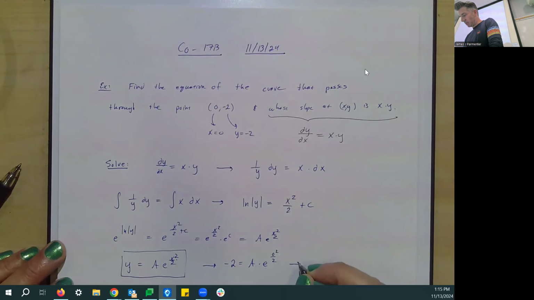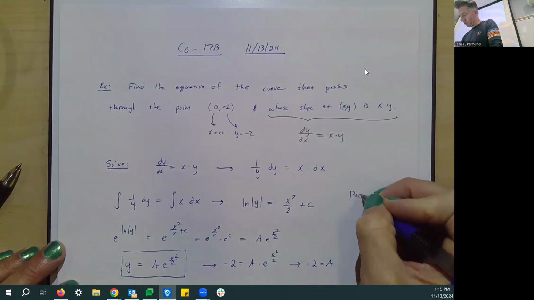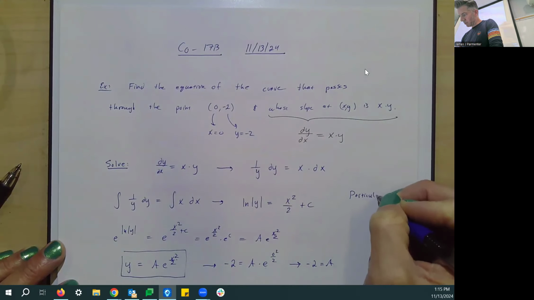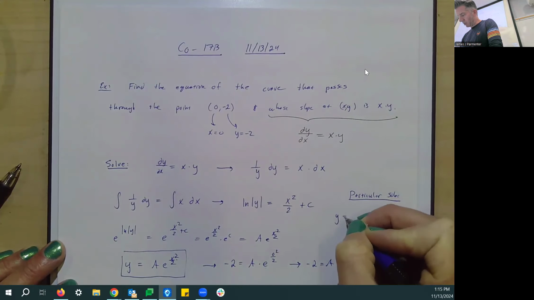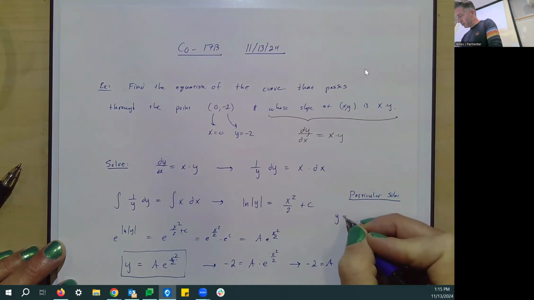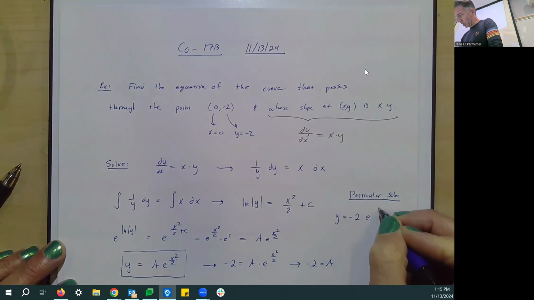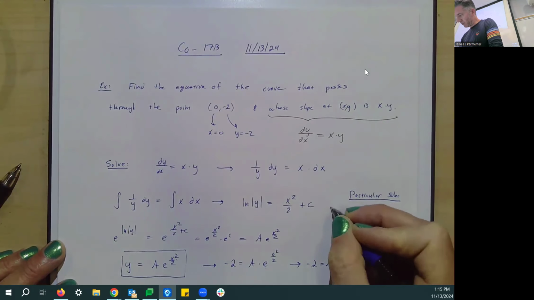So we end up getting that a is equal to -2. So then we can write our particular solution as y equal to -2 times e to the x squared over 2.